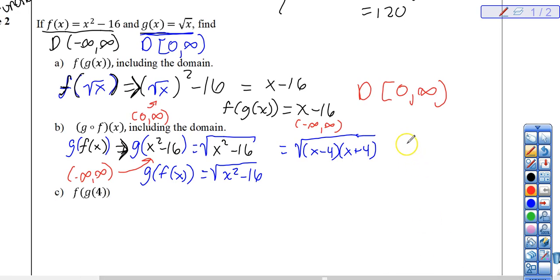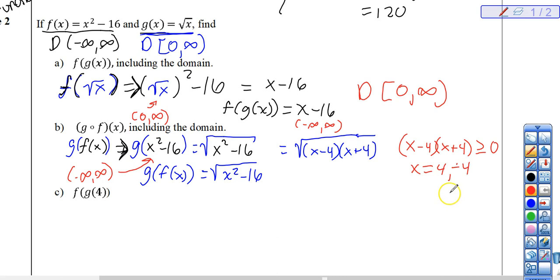So here's what we know. X minus 4 times x plus 4, which is just another form of x squared minus 16, has to be greater than or equal to 0. It has to be. Right? Yes or no? Yes. So what are our zeros here? Negative 4 and positive 4.